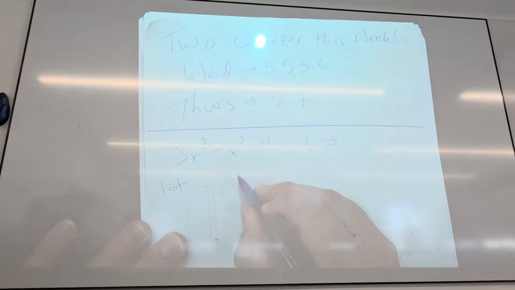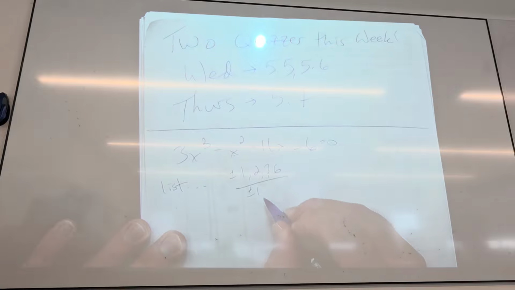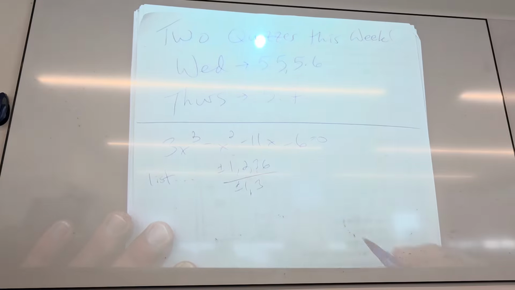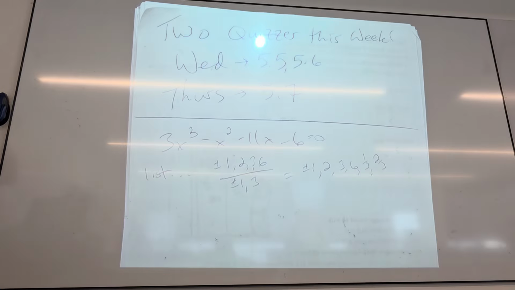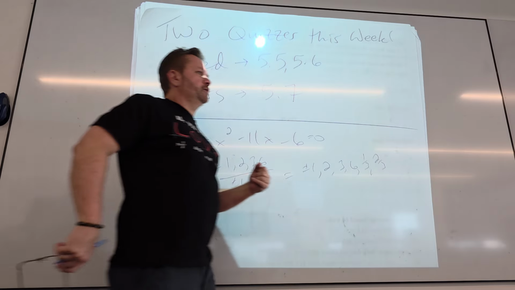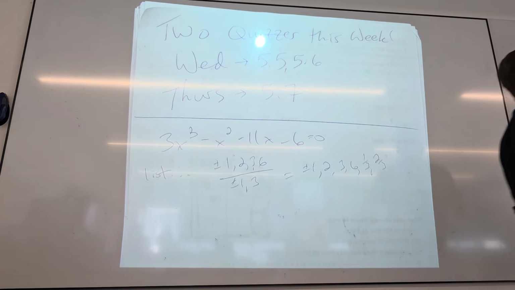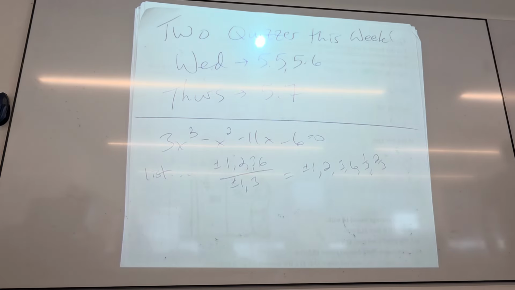Okay, so then the list looks like plus or minus 1, 2, 3, 6 over plus or minus 1, 3, right? Yes. So it'll be 1, 2, 3, 6, 1/3, 2/3, that's it. So you tried all of those and none of them worked? I wasn't able to do the fractions.